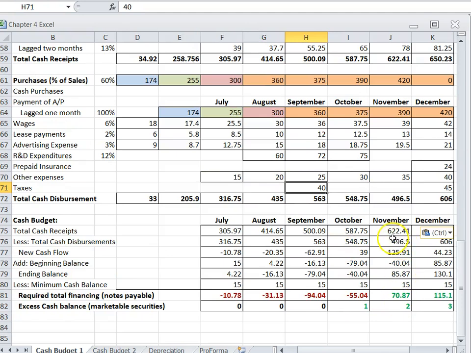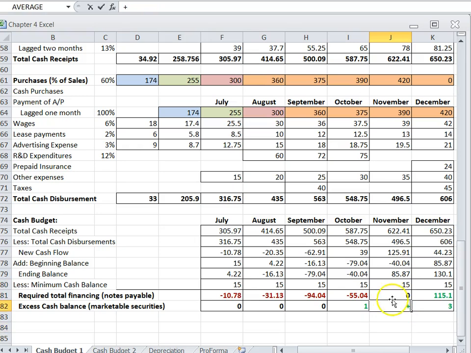So finally in November, we see that we have a cash surplus. We have a bigger surplus, so we finally get to a positive ending cash balance. Our minimum is 15, so in this particular case, we don't have a refinancing need.